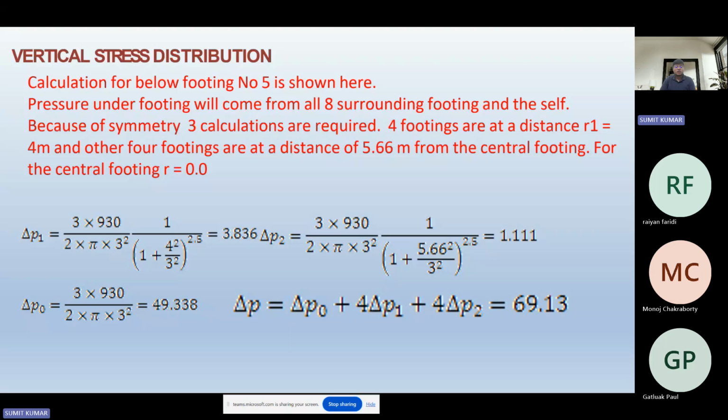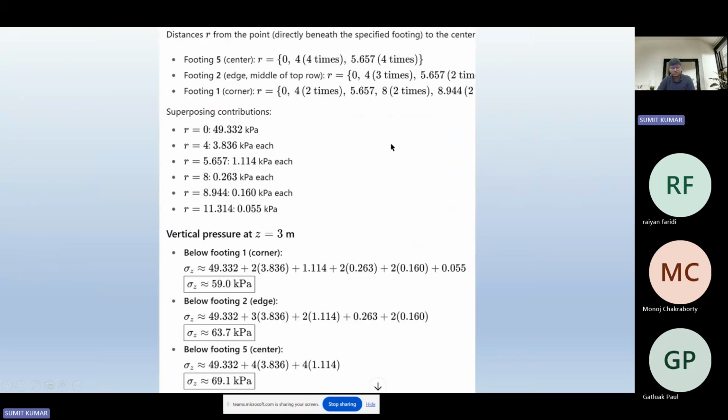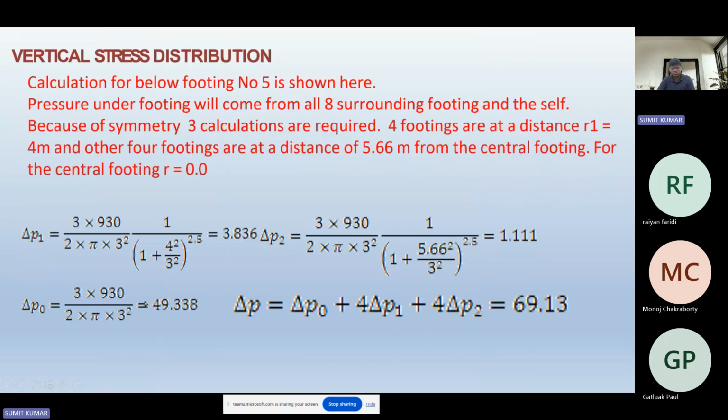And for the stress which is acting on the centermost cross section only, at that cross section the R value is coming out to be 0. So for that you have seen over here delta P naught equal to 49.338.